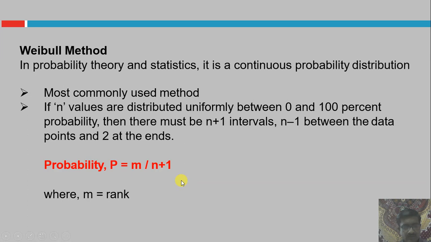From the probability we can calculate the recurrence interval T, which is given as 1 divided by P.